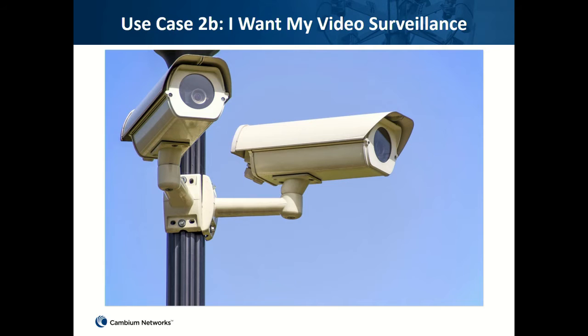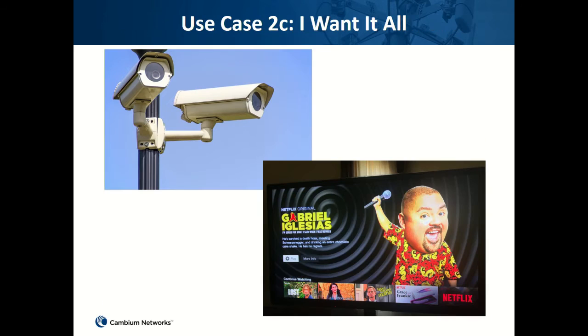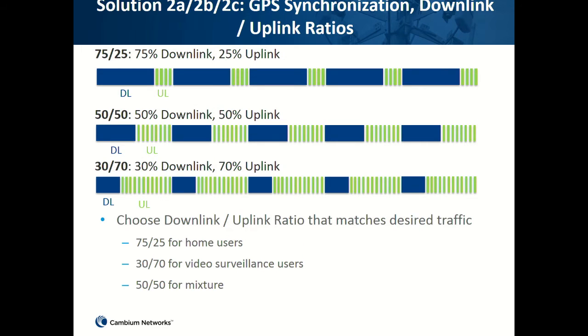It's the uplink. I want my video, I want it going up, that's all I really need. Downlink isn't so much. Finally, you have some cases where you might want it all. You might want like the downlink, you might want the uplink. So ePMP provides you these tools to support this, and we do this through different downlink and uplink frame ratios.